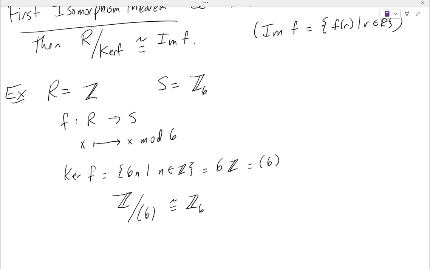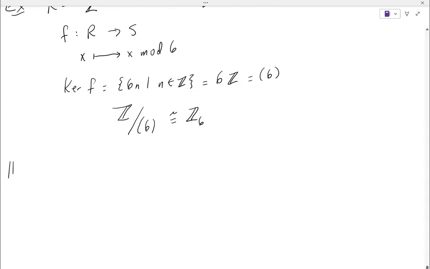Okay. Let's see if we can do another one here. This is number 3. This one is not as much an explicit example, but it's an idea that's kind of important as far as fields go.